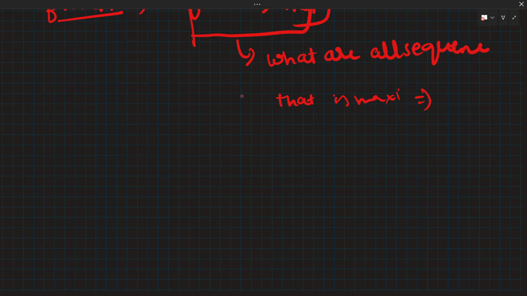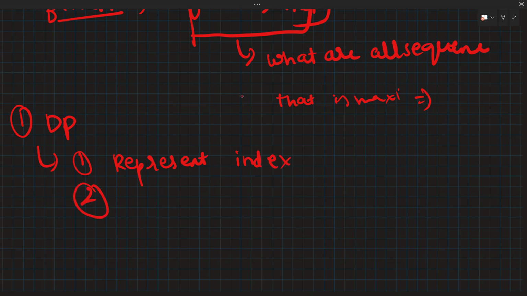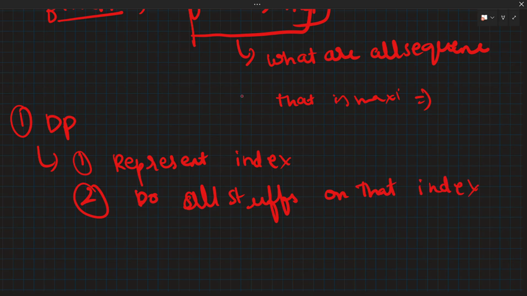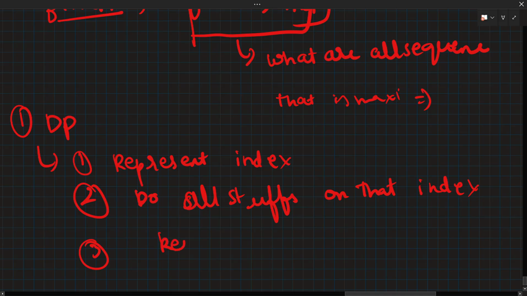When you are encountering a DP problem, there are three steps to tackle the problem. First, represent the given problem in terms of index, do all the steps on that index, and return the best.